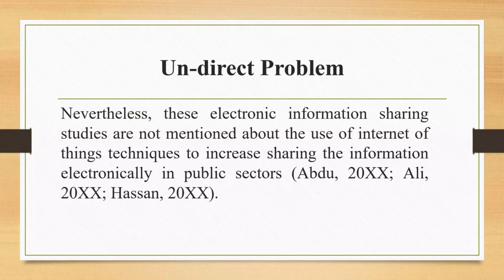Let's say this: nevertheless, these electronic information sharing studies do not mention the use of Internet of Things technology to increase electronic information sharing in the public sector. And here are more references.